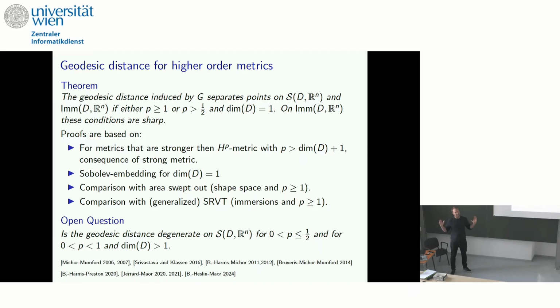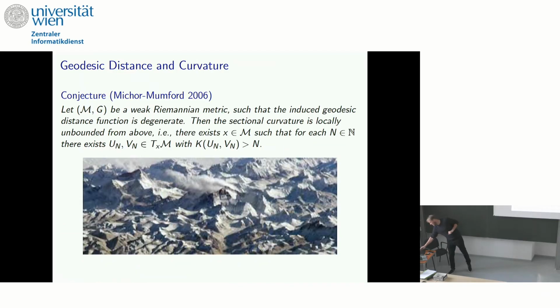The case 1/2 to 1 is very difficult. In the context of immersions, I would not know how to do it, and I would not even want to tackle it, because the construction on the diffeomorphism group is extremely subtle and extremely complicated, and I would not want to touch it. But I believe it's true. Okay.